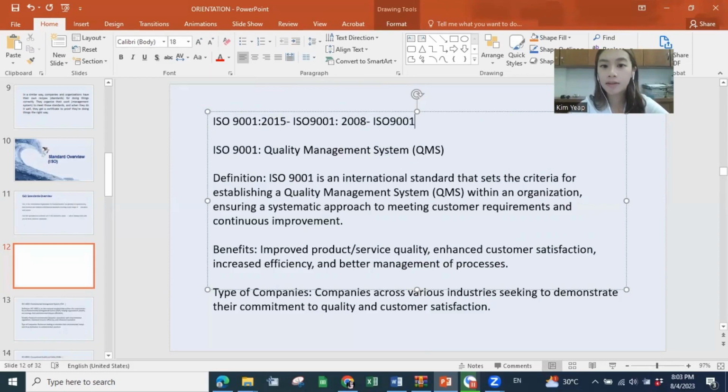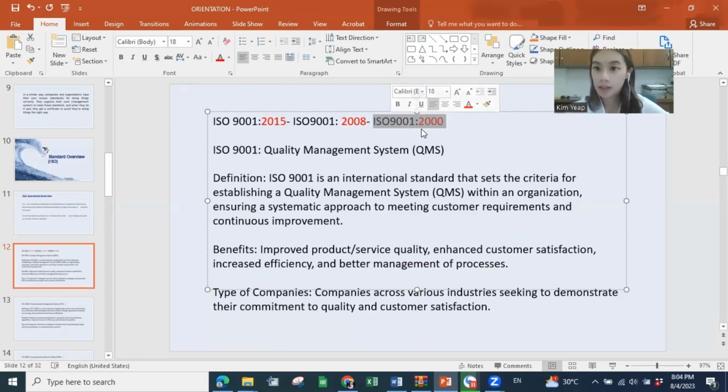It was 9001:2000. What does it mean here? This 2000. Okay, it's very hard to highlight, but anyway, this one, and this one. Before ISO 2001, there were older versions.